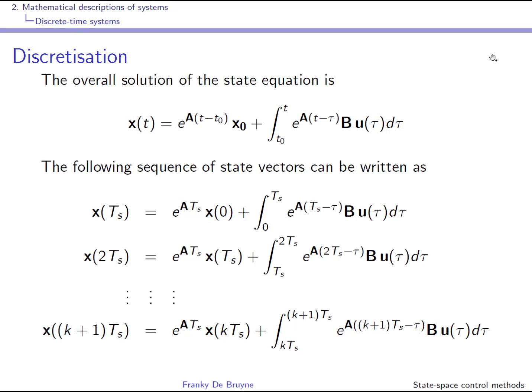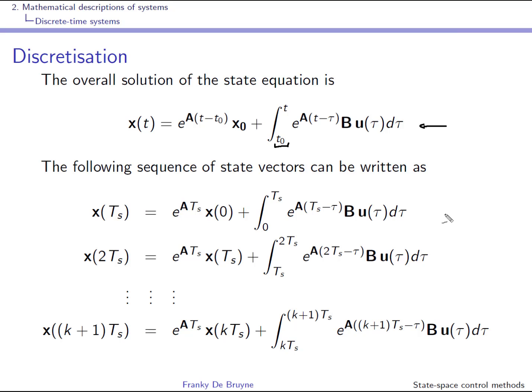So how can we do this discretization? Remember that the overall solution of the state equation that we found previously is given over here, where t0 here is the time at the initial condition, right? So what you can do is rewrite this at the sampling instants.